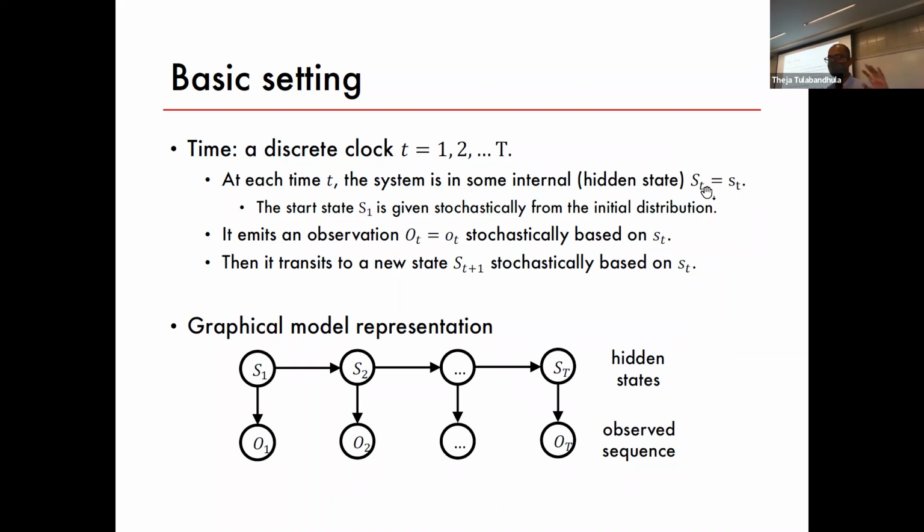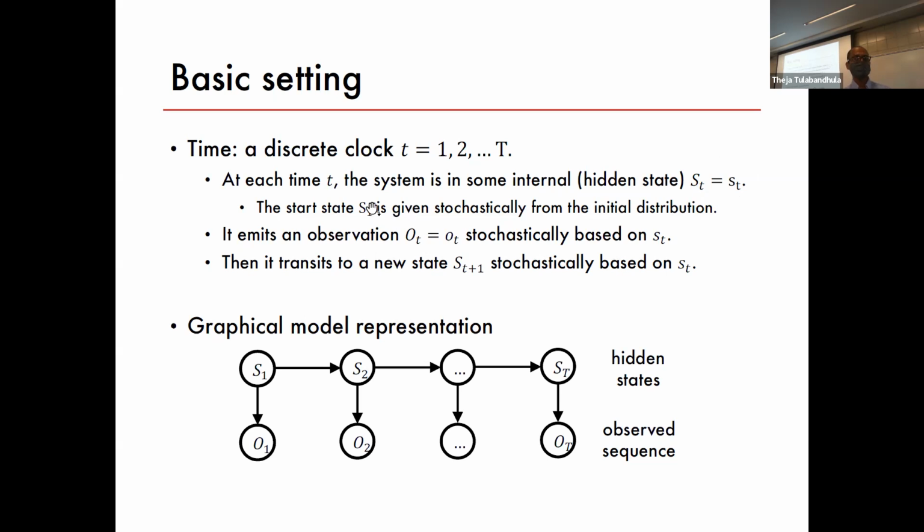Capital letters are for random variables and little letters are for realizations. So at each time the system is in a certain hidden state, little s_t. I'm indexing by t because this is the time at which the state of the system is little s_t, and there's a corresponding random variable whose realization is little s_t.